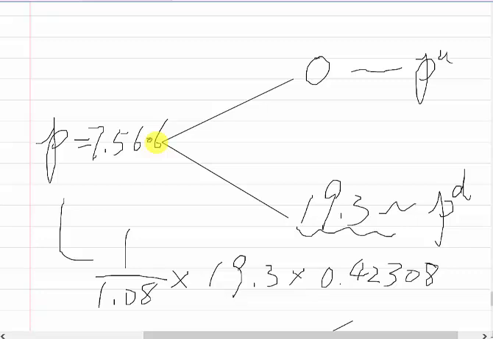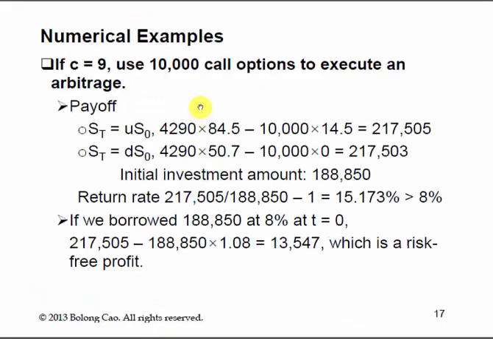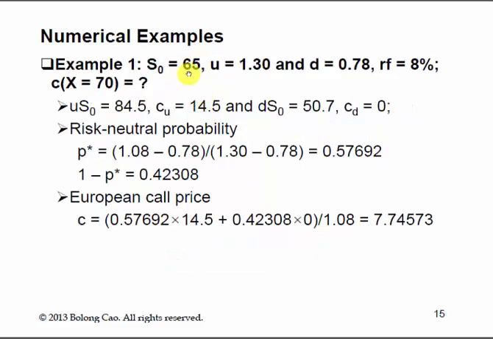So that's the put option premium for a $70 strike put for this underlying, which has a $65 spot price, up proportion 1.3, down proportion 0.78, with risk-free rate 8%.